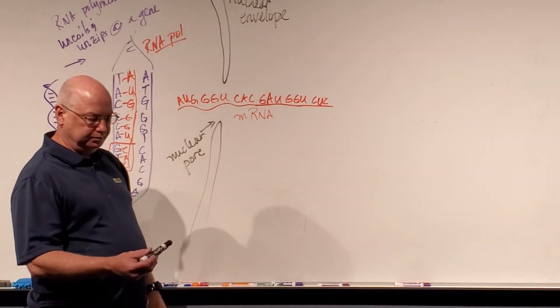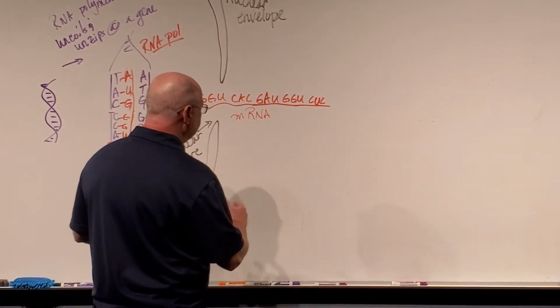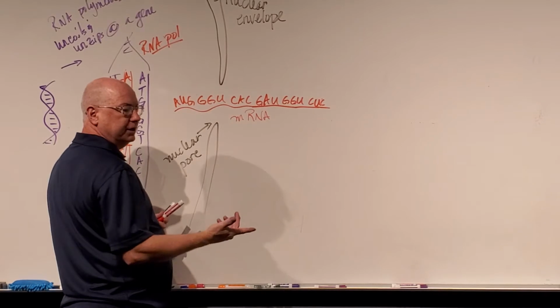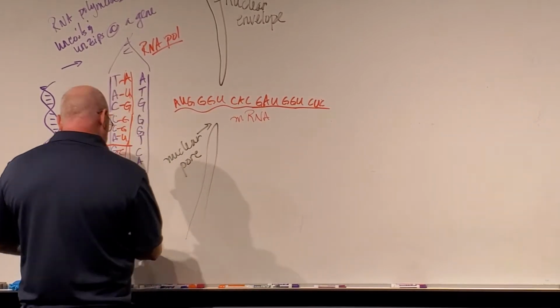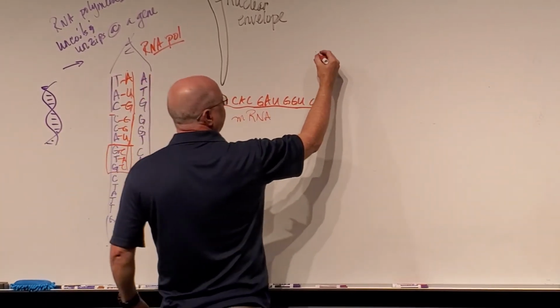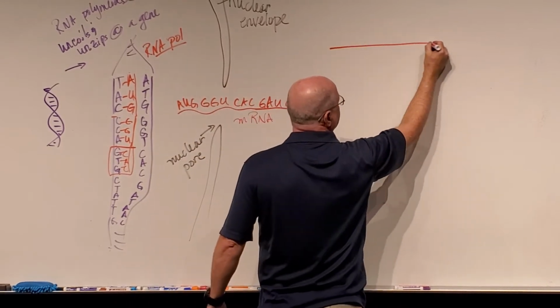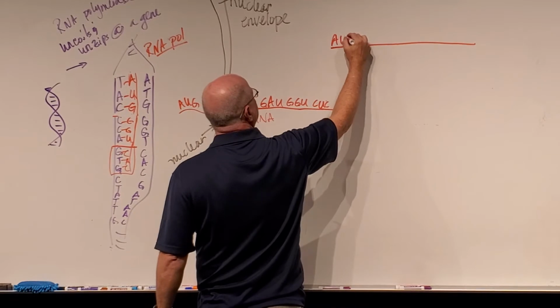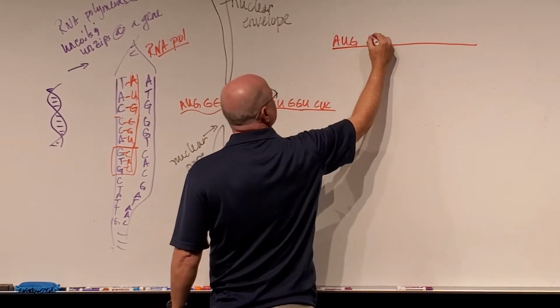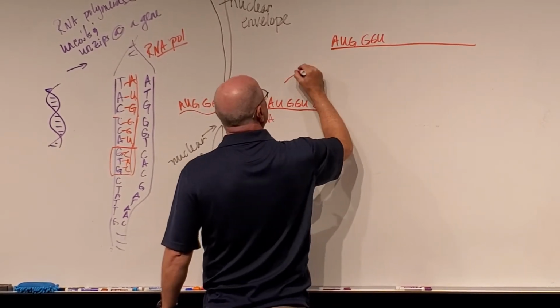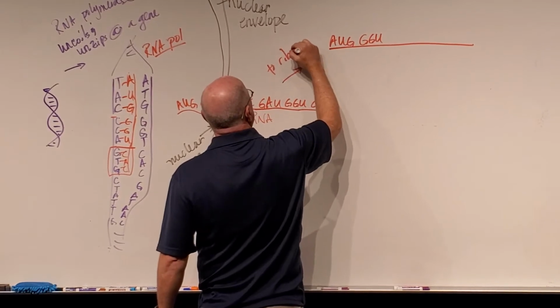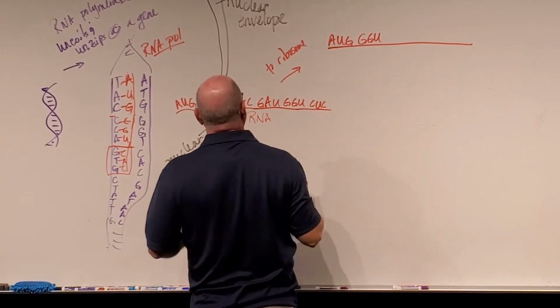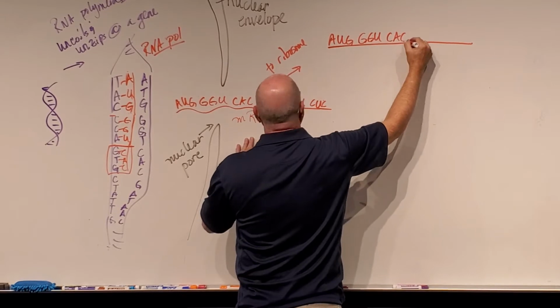Now, once my RNA molecule is outside the nucleus, I'm going to rewrite this right here. So we send it out to the ribosome, and our series of bases is going to be AUG, GGU, CAC.